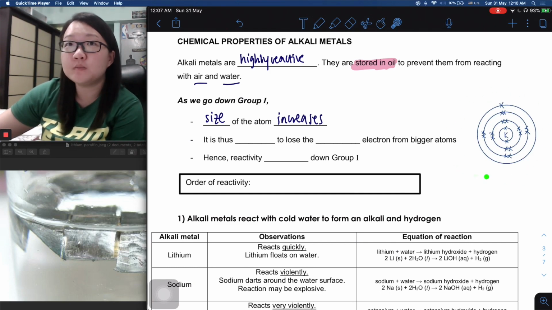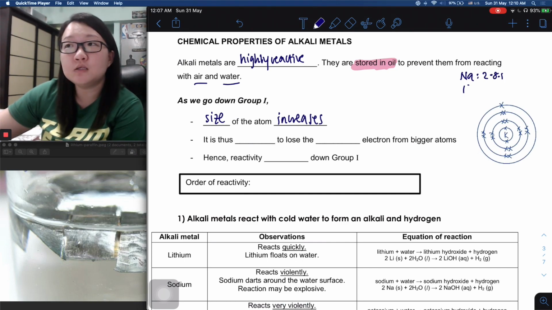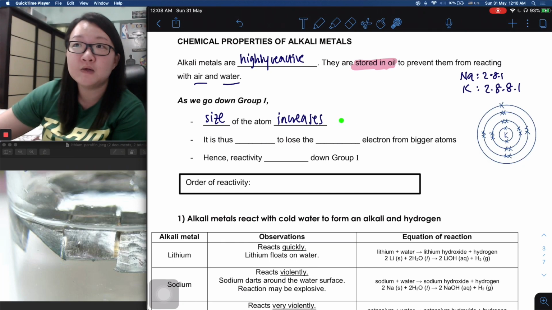We are very familiar with sodium so far, right? 2.8.1 is like a magic number that you remember by now. So sodium is 2.8.1. Potassium, knowing that it is just one element below sodium, has a period number of 4 instead of 3, right? So it has 4 electron shells. The extra electron shell is what attributes to why the atom increases in size.